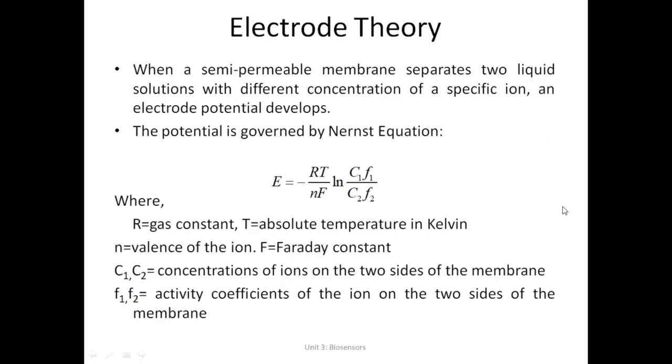When a semi-permeable membrane separates two liquid solutions with different concentrations of a specific ion, an electrode potential develops, and the potential is governed by the Nernst equation, where R, T, and F are constants, C1 and C2 are the concentrations of ions on the two sides of the membrane, and F1 and F2 are the activity coefficients of the ion on the two sides of the membrane. This equation will be useful when we calculate the potential developed in electrochemical cells.